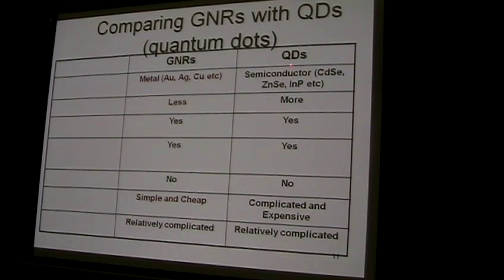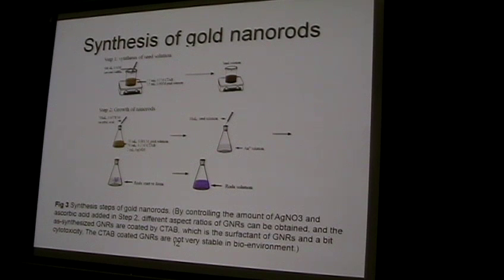Quantum dots not only have a toxicity effect to the cell, but during the synthesis process there is also some danger, where you're facing some toxic chemicals. While with gold nanorods you don't have that kind of problem. So there are these advantages of using gold nanorods, particularly in university academic research.